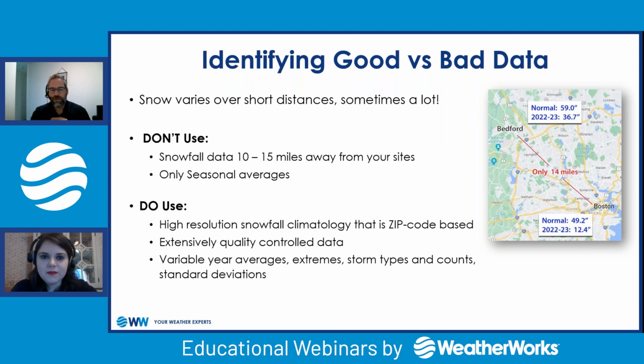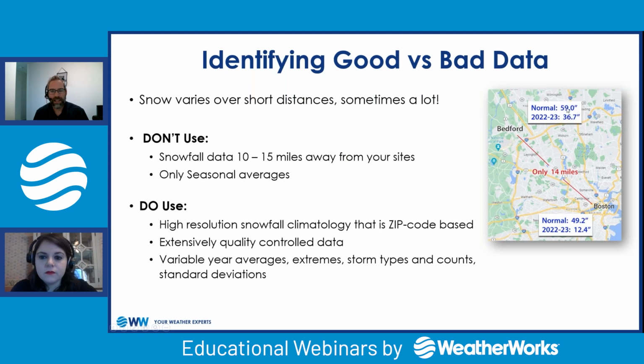When you look at some freely available data, you may be 10 to 15 miles away from your actual site that you're servicing. So if you're seeing that amount of spread within your service area, why would you use that freely available data that's coming from, say, Boston Logan Airport when you're in Bedford? That's an example I displayed right here, where we're talking about a 14-mile difference. So this isn't very far away, the two towns from each other. But look at that normal difference.